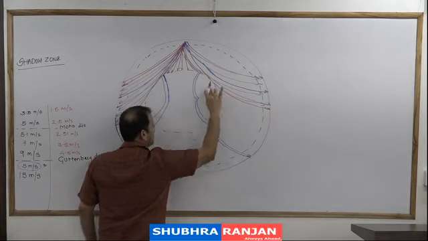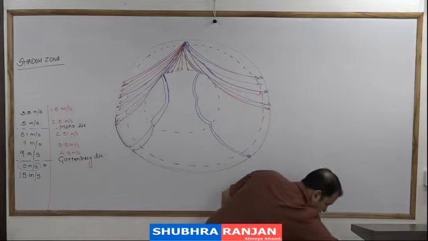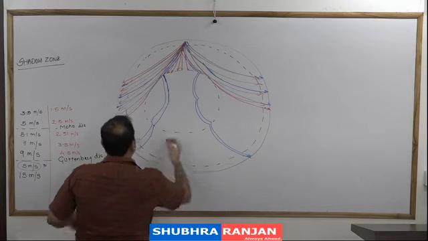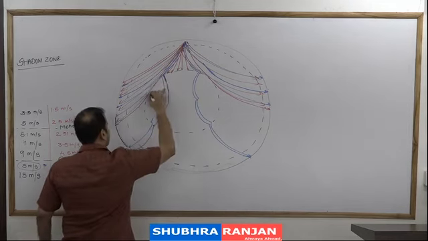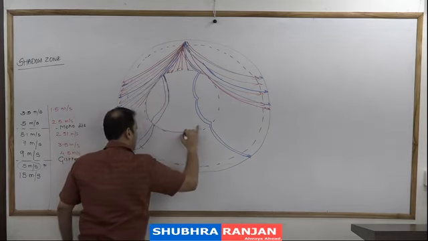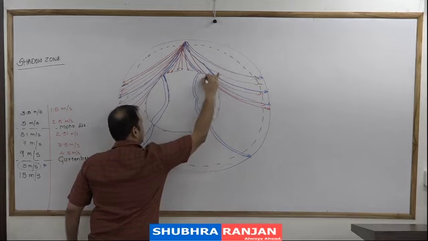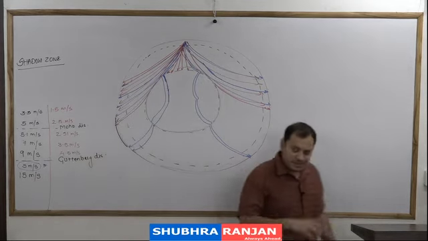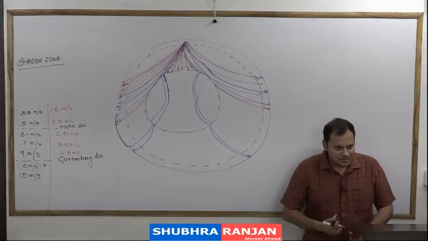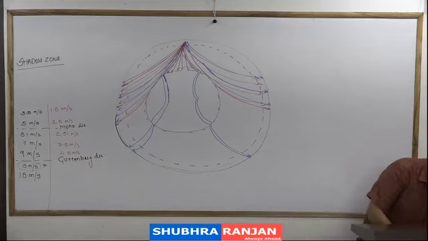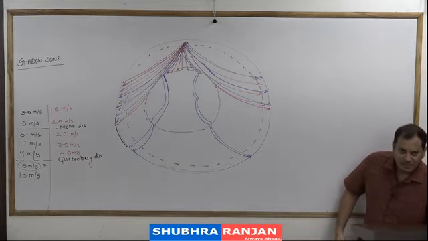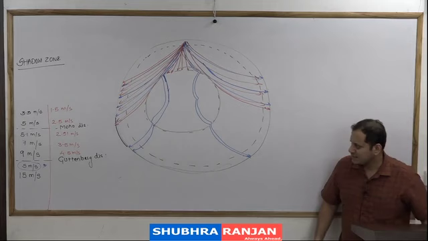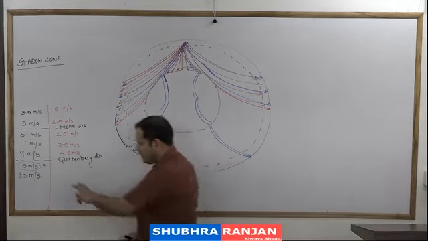There was no S wave which could pass after this layer of the earth. That is, can I say they could not penetrate inside the core? And because they could not penetrate inside the core, and the S wave velocity is very, very less, the P wave velocity is very, very less here.